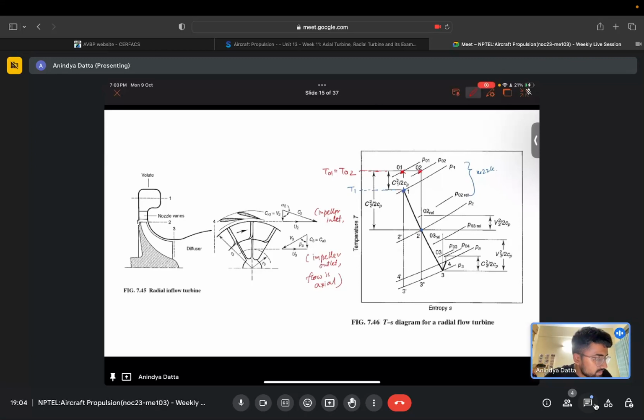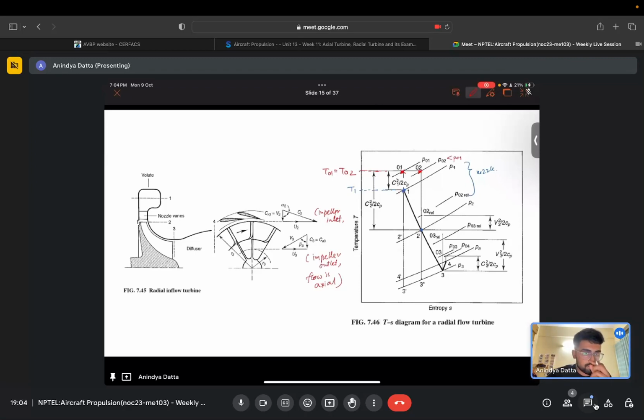When we go from 01 to 02, we move from the P01 pressure line to the P02 pressure line, and P02 is less than P01.